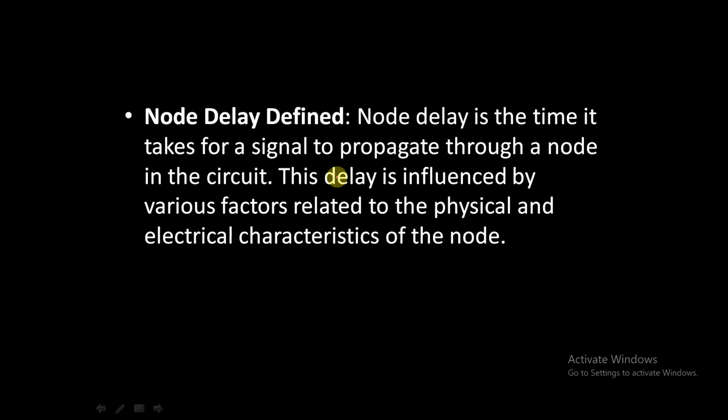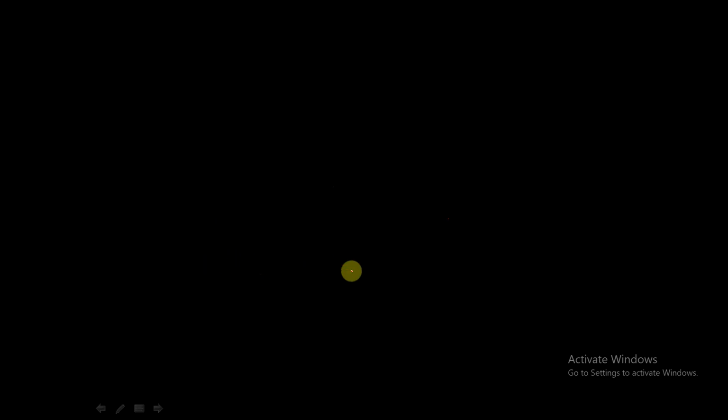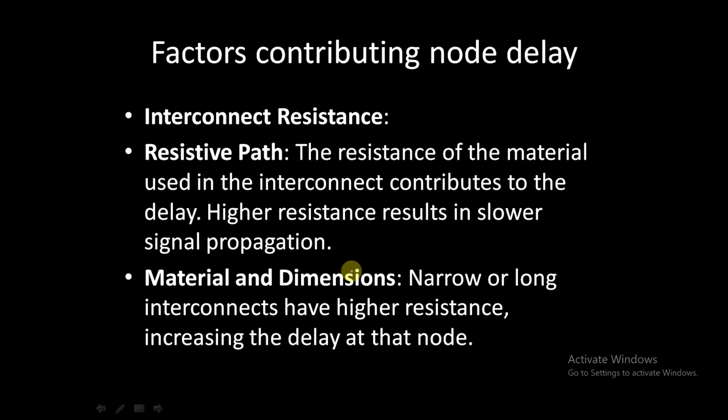Node delay is the time it takes for a signal to propagate through a node in the circuit. This delay is influenced by various factors related to the physical and electrical characteristics of the node. The factors contributing to the node delay are the resistive path. There may be resistance in the path, and it may also depend on the materials and dimensions of the wire or the circuit path which is designed.